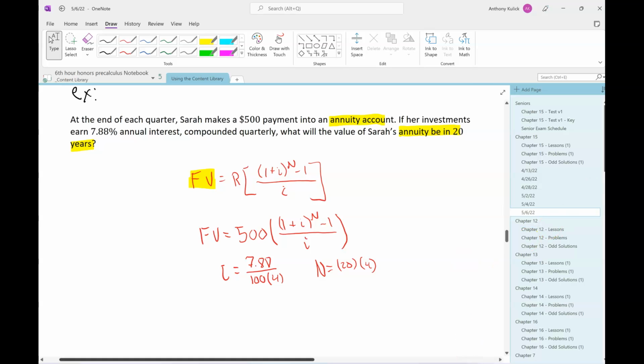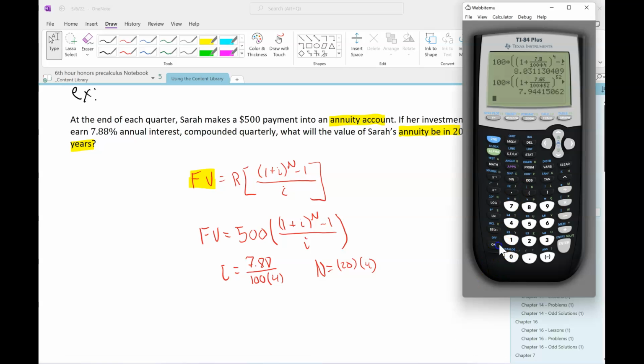So that's everything I need. We'll go back to the calculator. And here I'm going to abuse the heck out of that fraction command. If you haven't been using this regularly, boy, it makes life a whole lot easier on these ones, because if you try to do this without using that fraction command, boy howdy, the parentheses get to be pretty overwhelming.